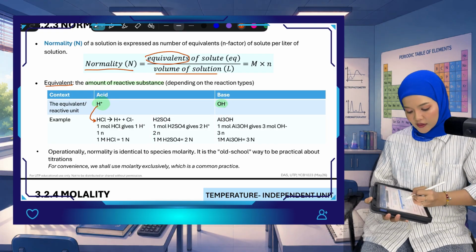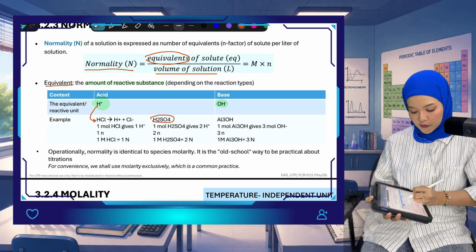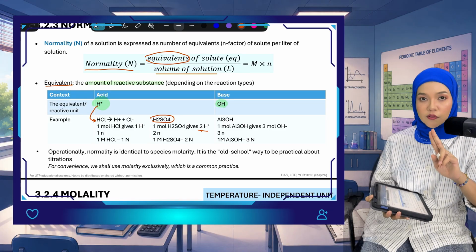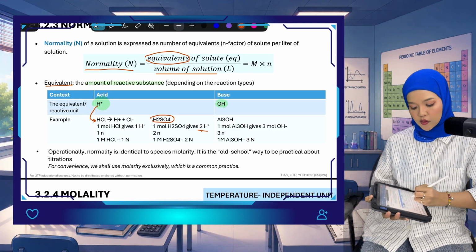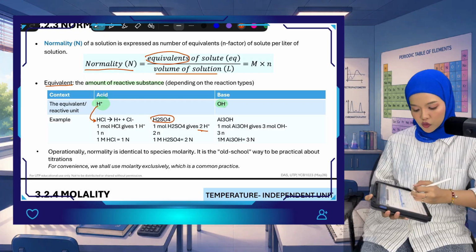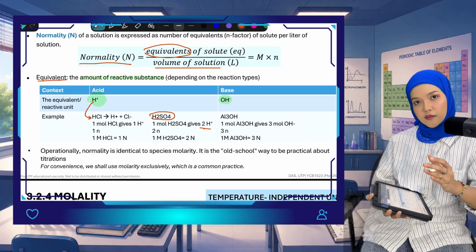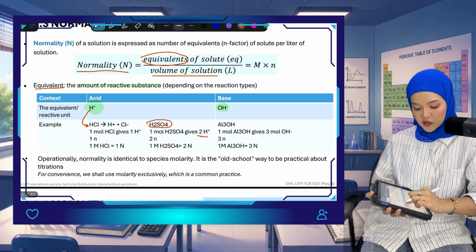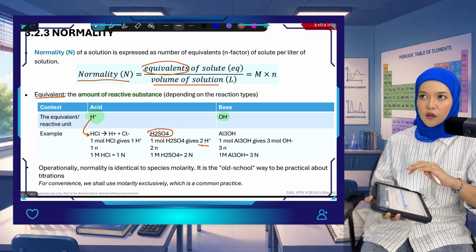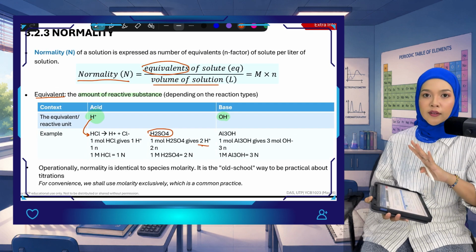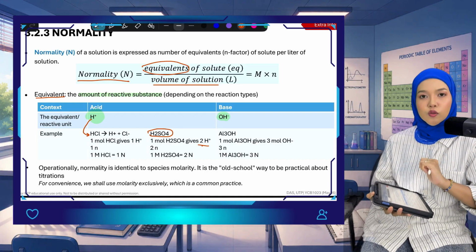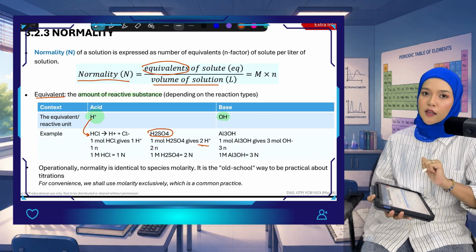Why? Because H2SO4 has 2 equivalents, 2 reactive units. So it's just 2 times the molarity concentration. But as I mentioned, in the calculations coming next, we are just going to use molarity exclusively.